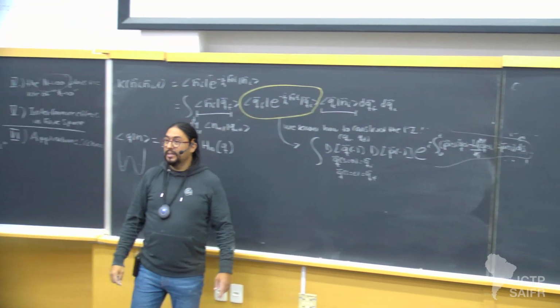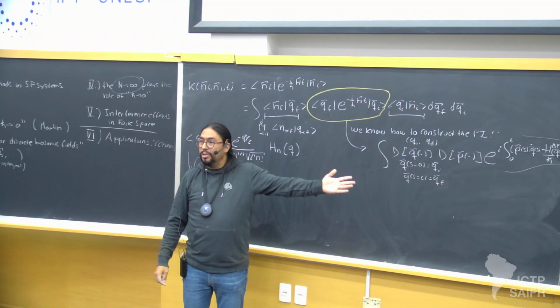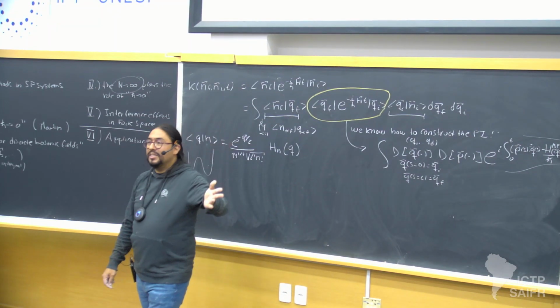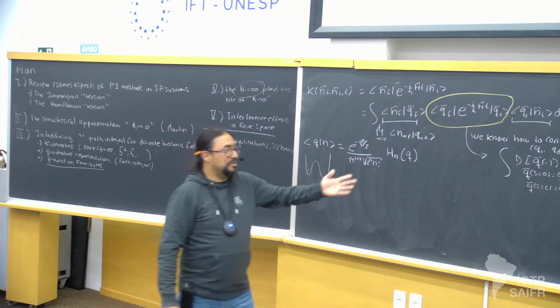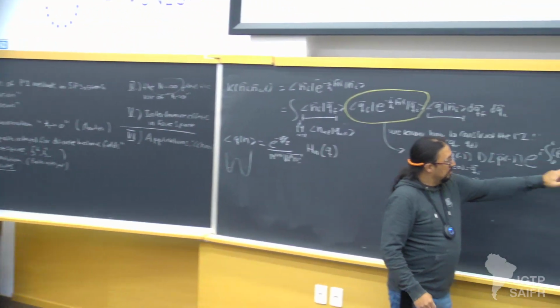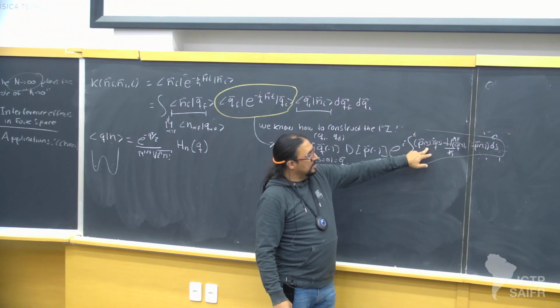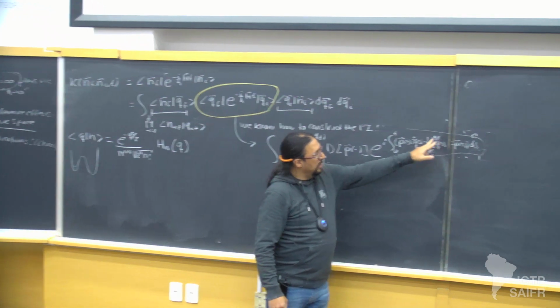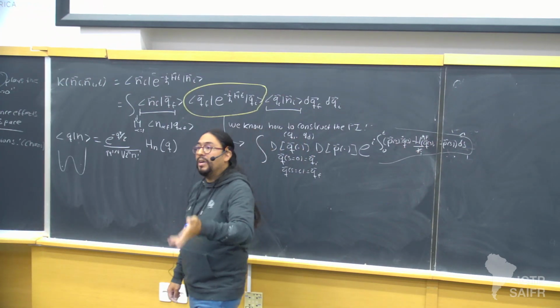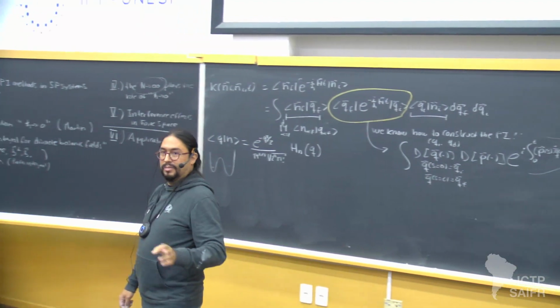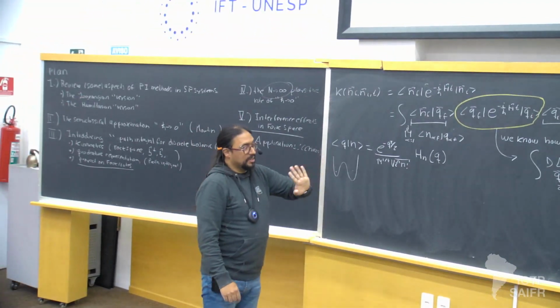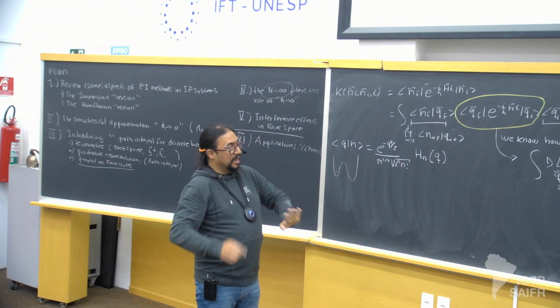And that's why if I make H bar go to 0, this won't give me anything sensible. Because when I make H bar go to 0, this stays as it is, and I have to do a stationary phase only on this part, and this won't give me any equation of motion. So there you see that we have to rethink the semiclassics here.